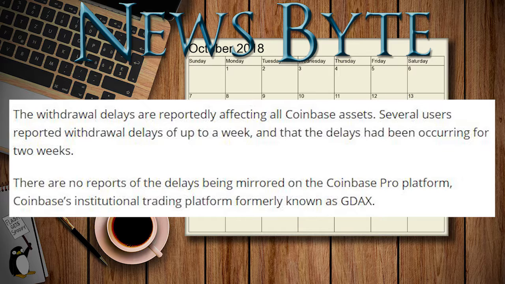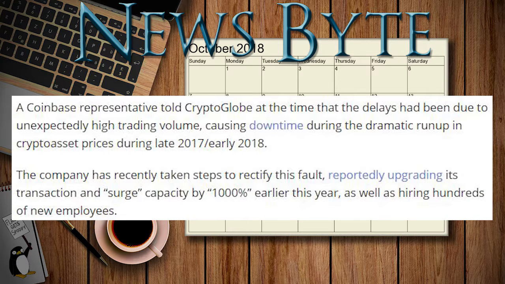Apparently, this is only affecting Coinbase proper and not Coinbase Pro, which is the institutional trading platform formerly known as GDAX. A representative from Coinbase told Crypto Globe that a lot of the downtime was caused by the dramatic run-up in crypto prices in late 2017, early 2018, and I personally can attest to that.